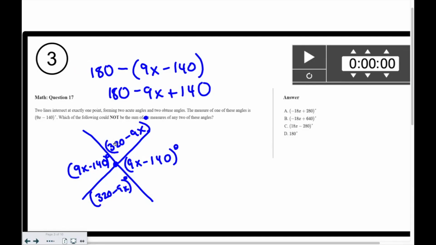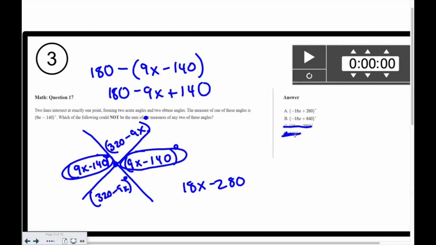And then the question says, which could not be the sum of the measures of any two angles? Well, if I add the two consecutive angles, they're supplementary, so we definitely can get 180. So that's just wrong. Then if we add the two angles going this way, that'll give me 18x minus 280.